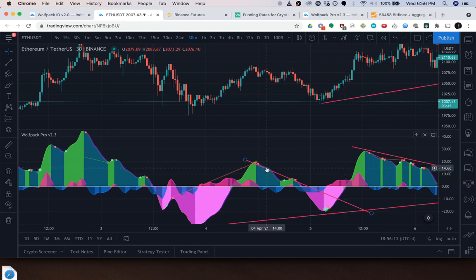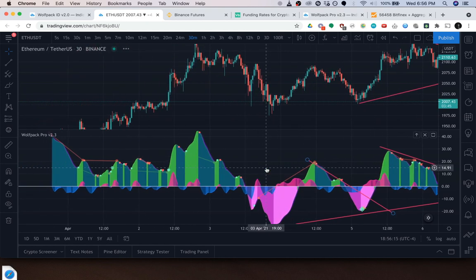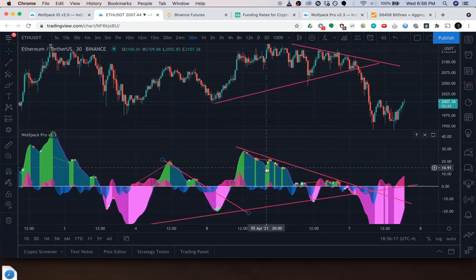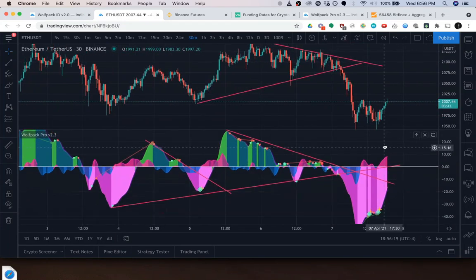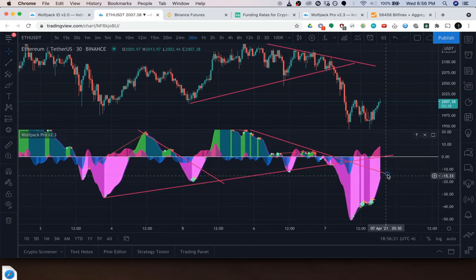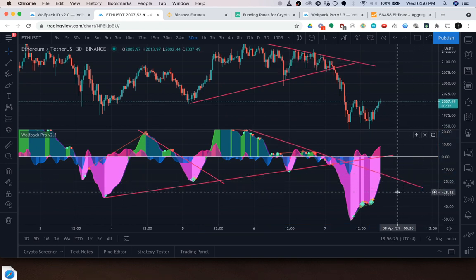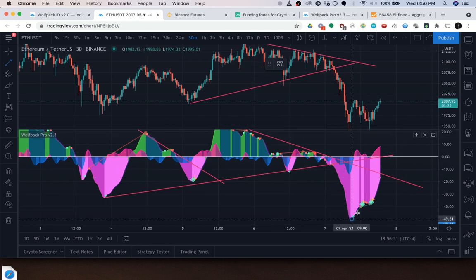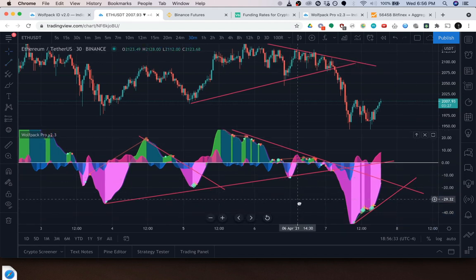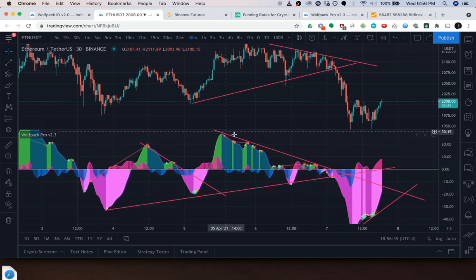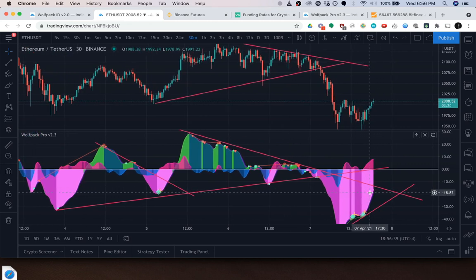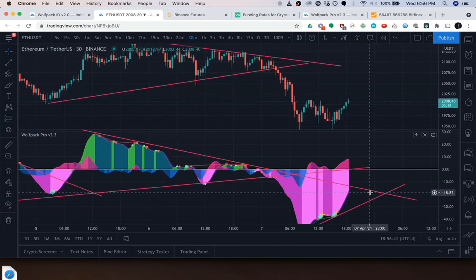Now, something interesting to take note of here in real time, I'll just quickly give an analysis of what I think is about to happen. We have this resistance line that we haven't been able to cross from here all the way down, and we're approaching it right now.